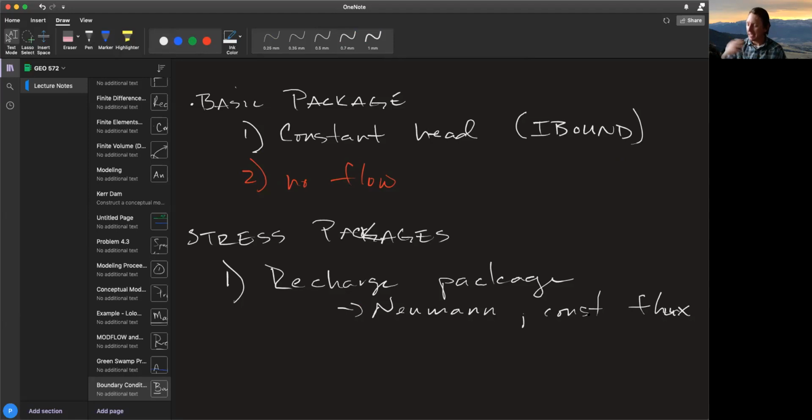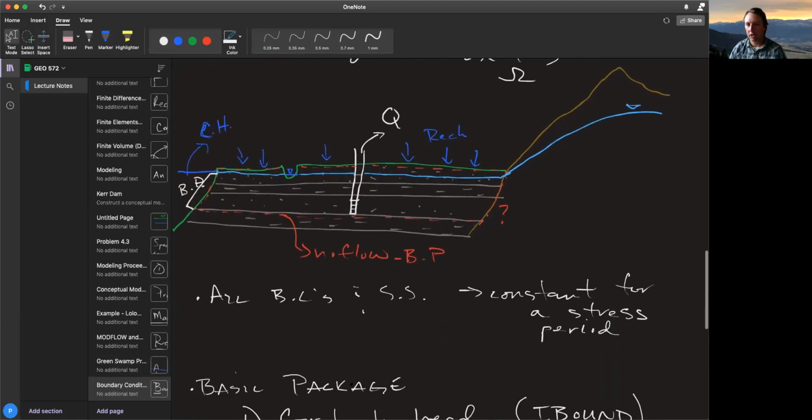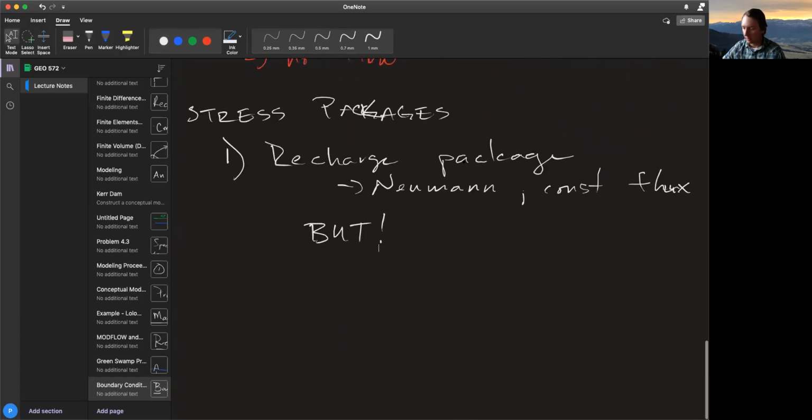Now there's a caveat: it's only for aerial recharge. It only applies because MODFLOW has gone about this thinking about it as groundwater scientists. It only applies for fluxes coming into the domain from the top of the domain. So it's aerial flux at the top of the domain.